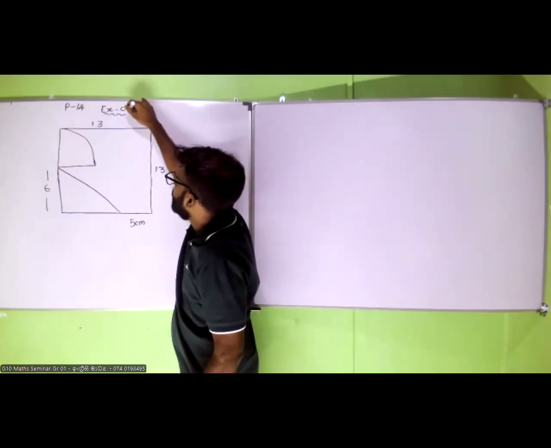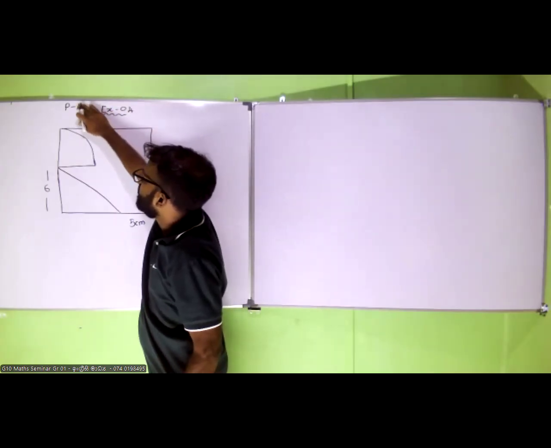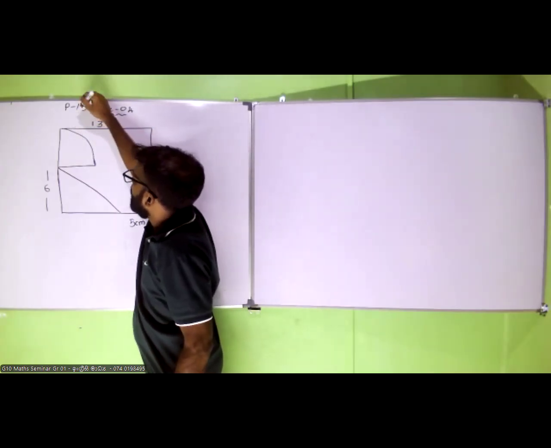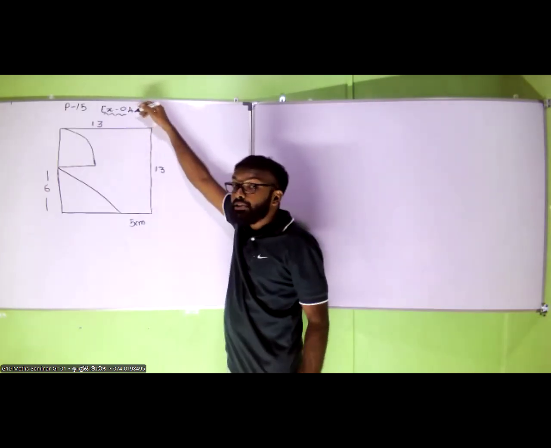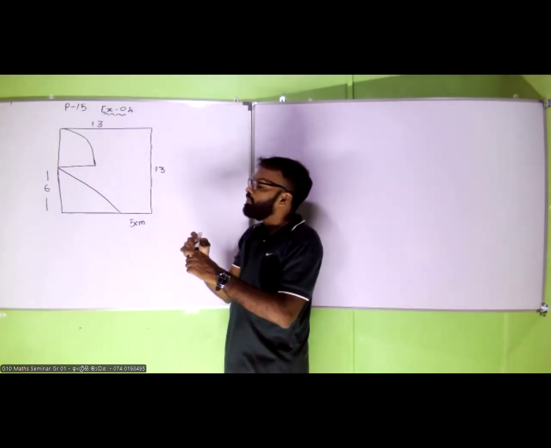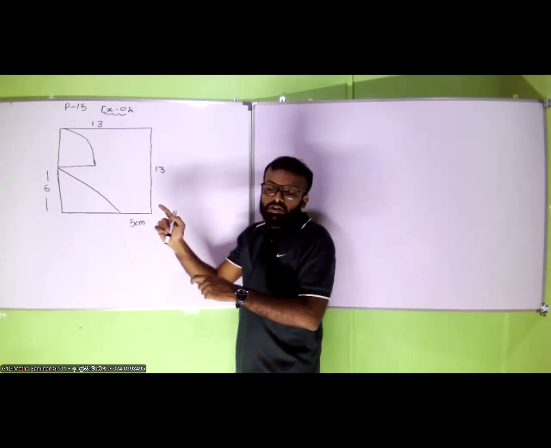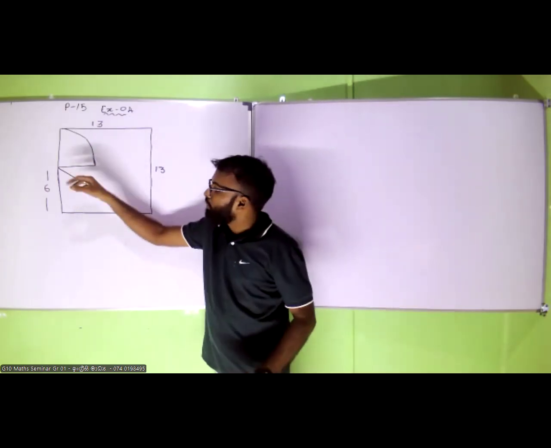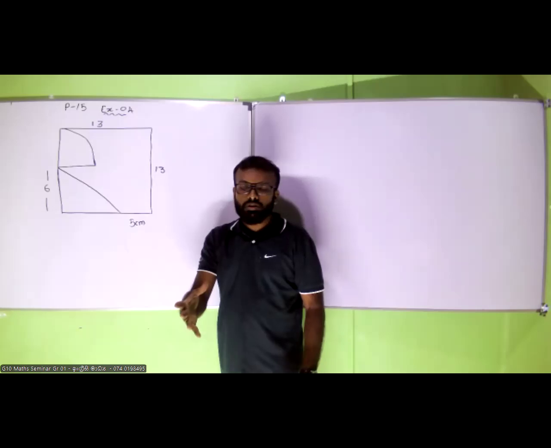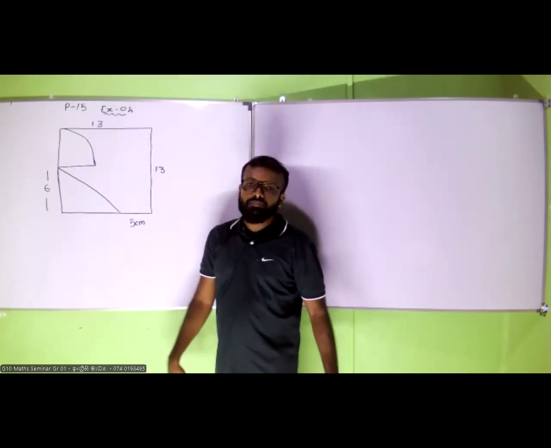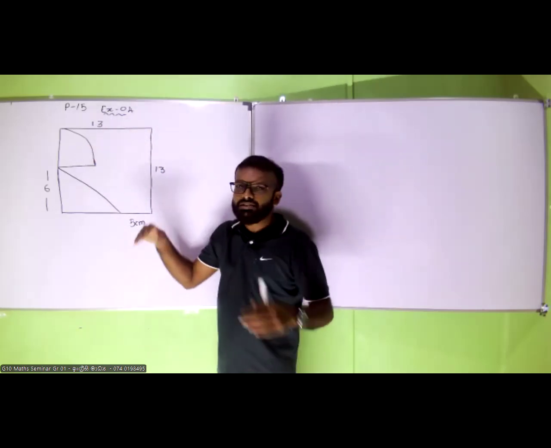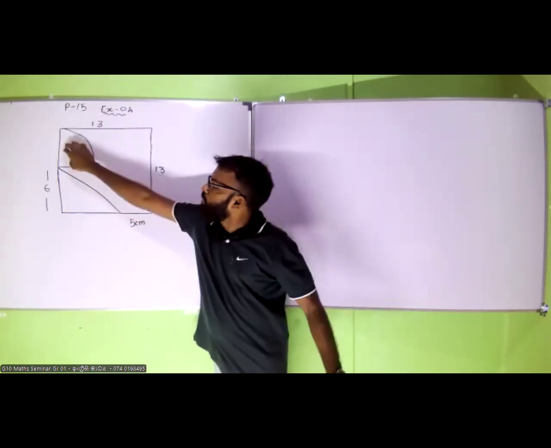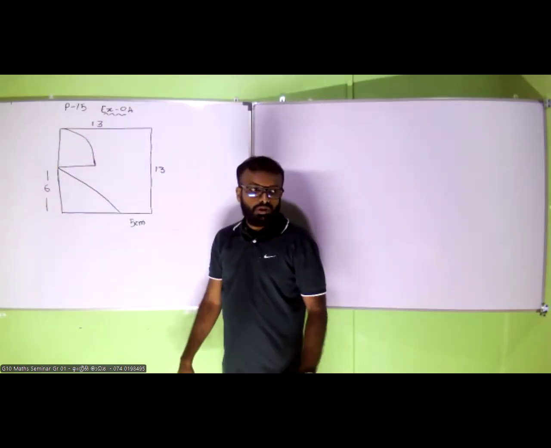This is example number 4 on page number 15. It is like example number 3, but renamed. The question says these two shaded parts have been removed from this lamina. If you think of this as a cardboard lamina, this part and this part have been removed.